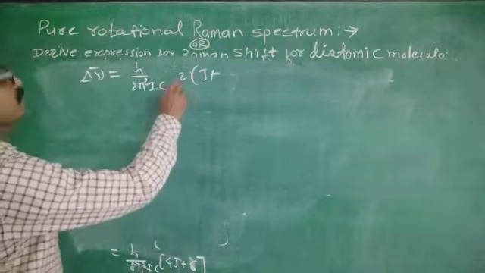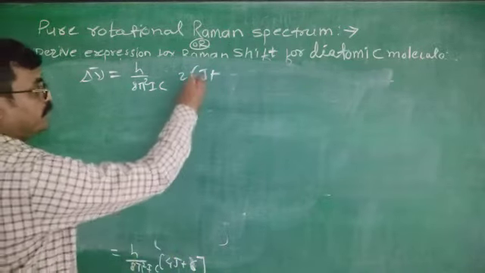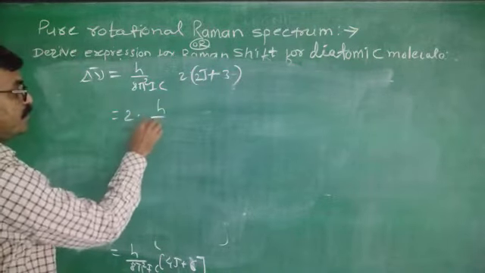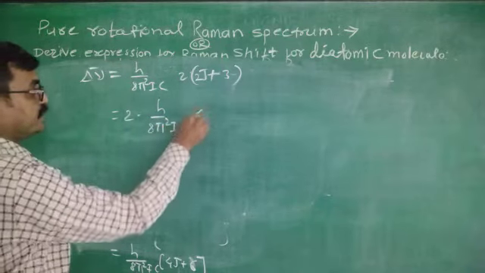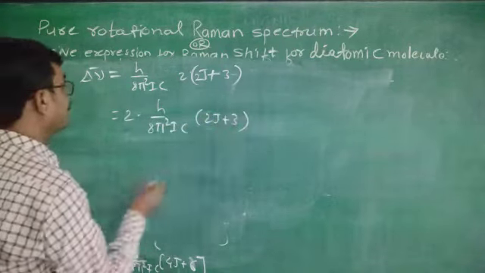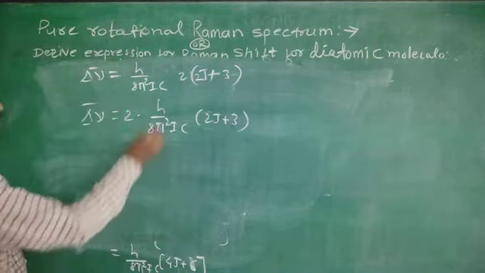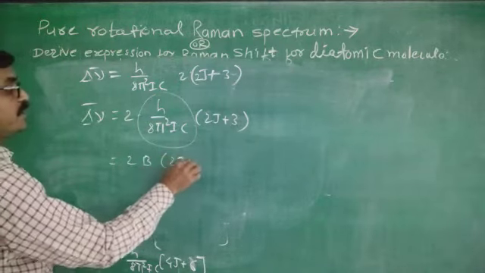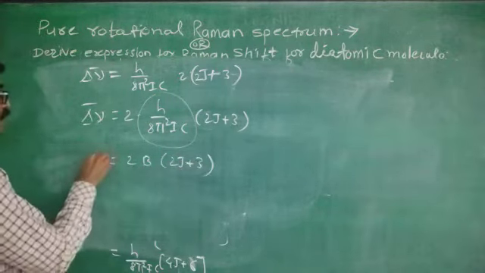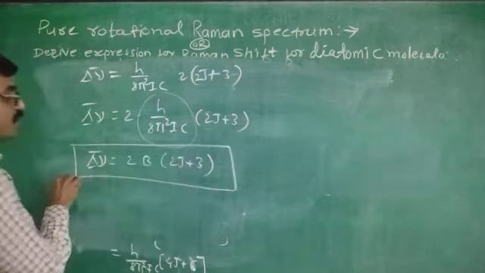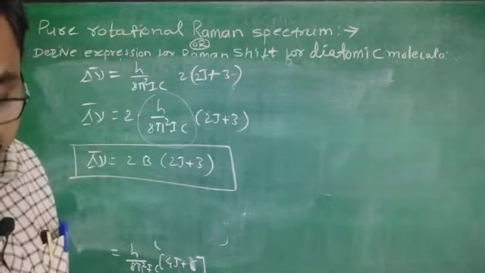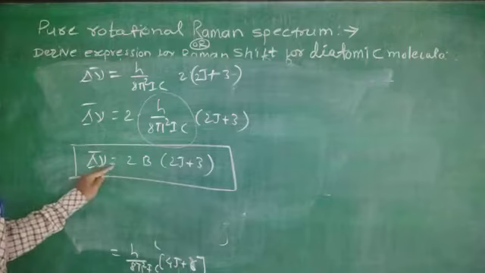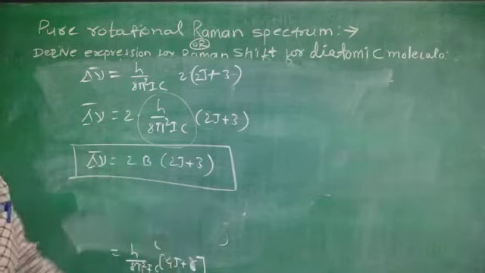That's why if we take 2 common, it will be 2j plus 3. That's why 2 into h upon 8 pi square Ic into 2j plus 3, so many centimeter inverse. But you know that this is the rotational constant B, that's why it will be 2B into 2j plus 3. It is the Raman shift for Stokes lines. Now the Raman shift for Stokes lines will be delta nu bar equals 2B into 2j plus 3.